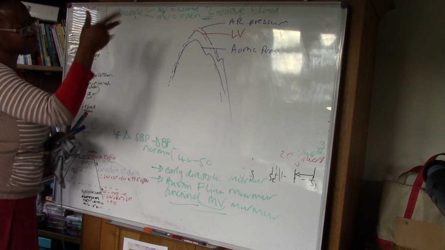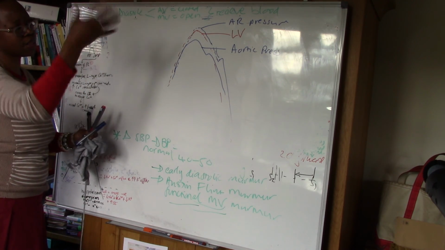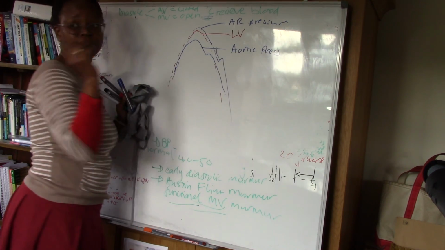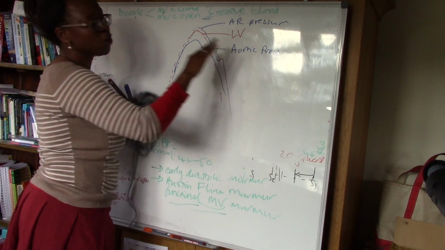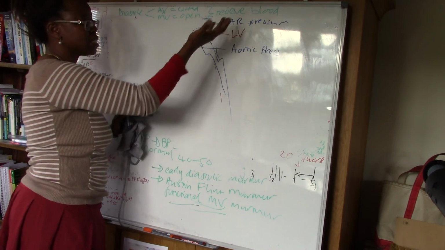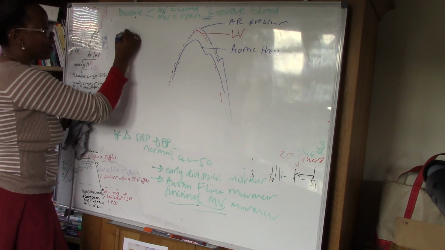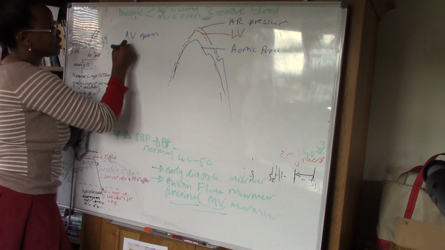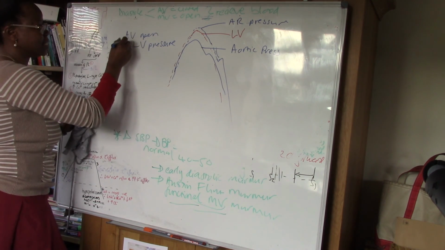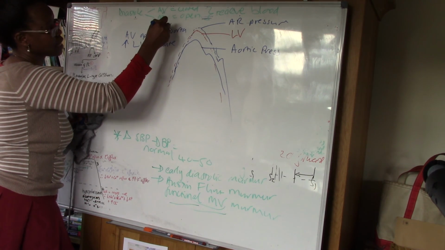In diastole it obviously then reduces, because in systole what causes the aortic valve to open is increasing left ventricular pressure, because that pressure then releases by opening the valve into the aorta where the pressure is less.